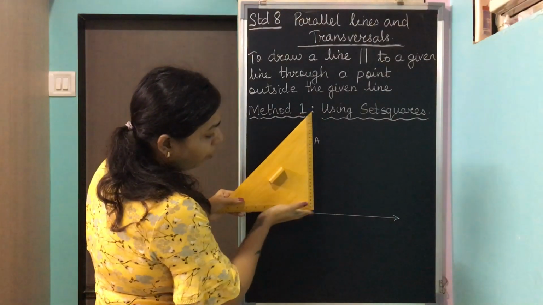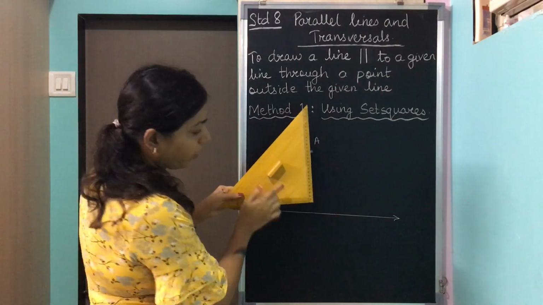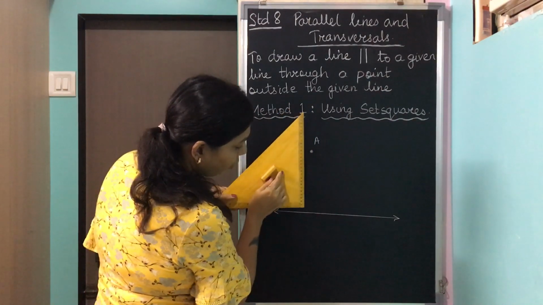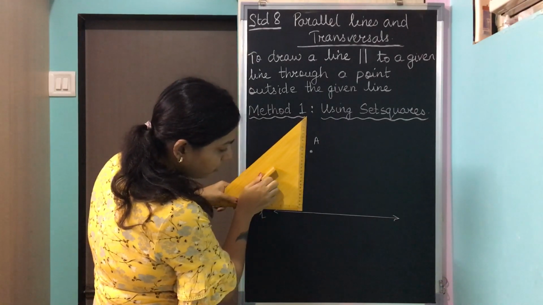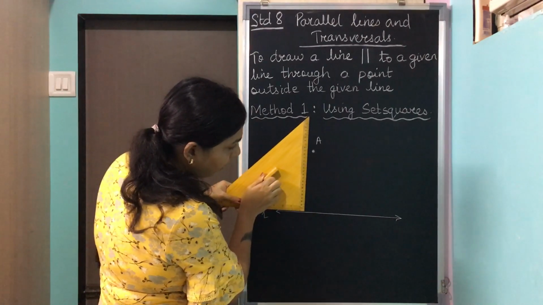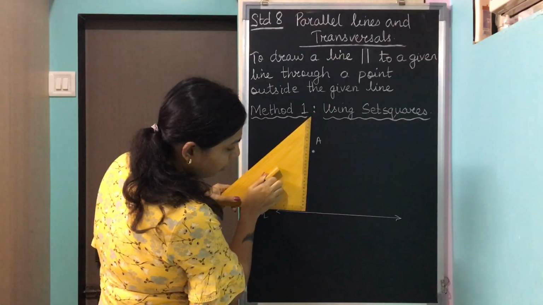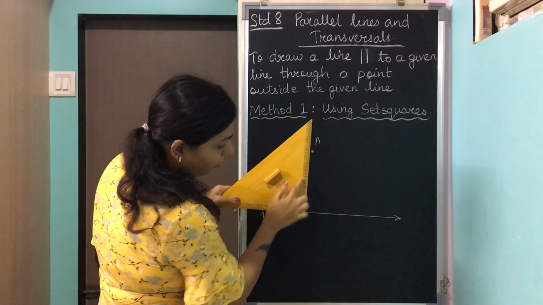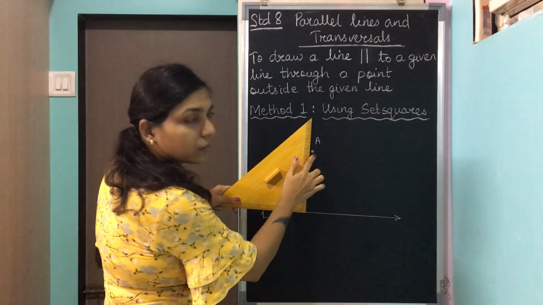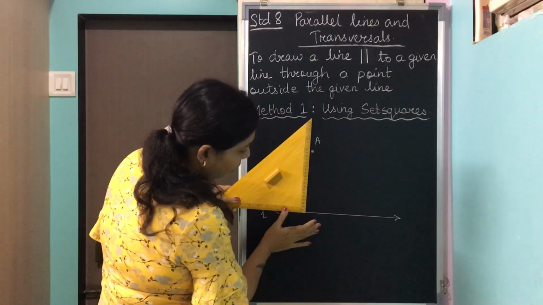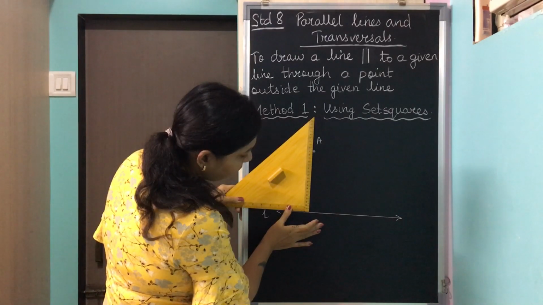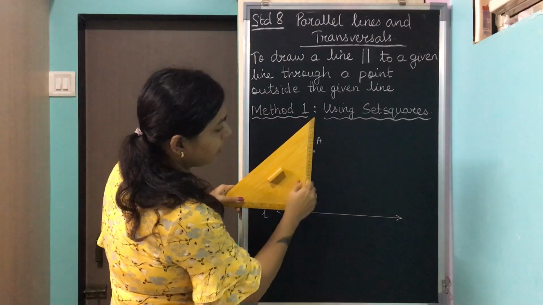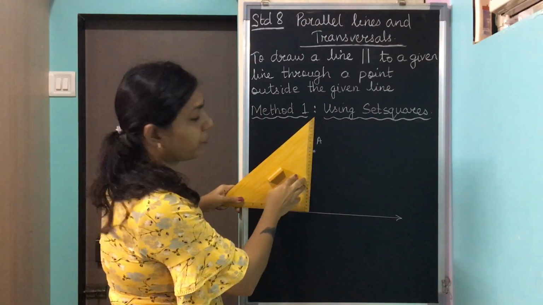You place the bottom part of this set square on this line and then slide your set square so that this part of your set square touches the point A. So bottom of the set square on the line and the side touching your point A.